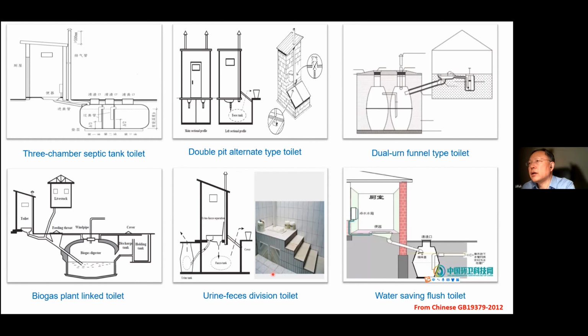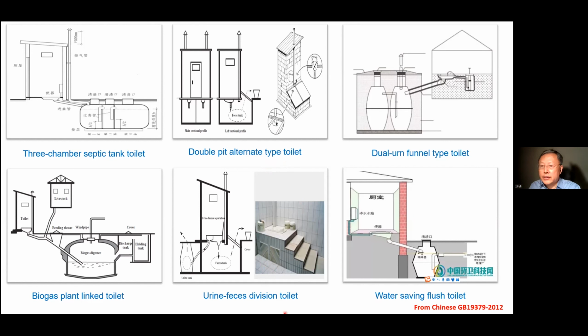Originally, SEI had such a program in China and promoted this kind of toilet in the southwest of China. And another type is the water saving flushing toilet, which is connected directly with the sewer. So generally, we have six toilets, but you can see four use flushing water, and only these two, the double pit alternate and the urine feces diversion toilet, are waterless toilets.